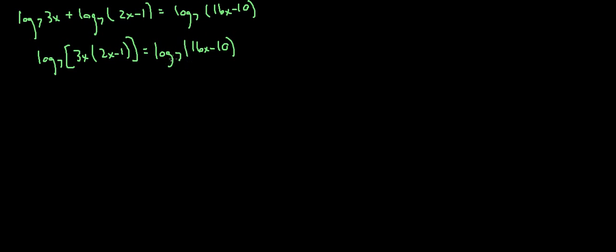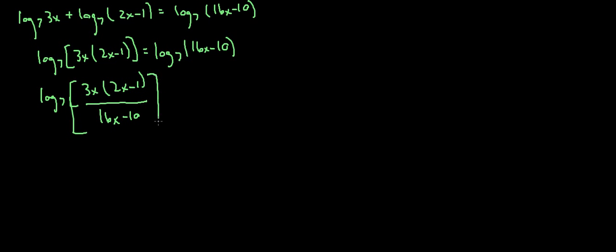Now I can subtract this logarithm over to the other side, and that will be a quotient rule. So if I subtract this from both sides, I can use the quotient rule. So to simplify, this is log base 7 of 3x times 2x minus 1 over 16x minus 10, and this is now equal to 0. And now I convert it back to exponential form.